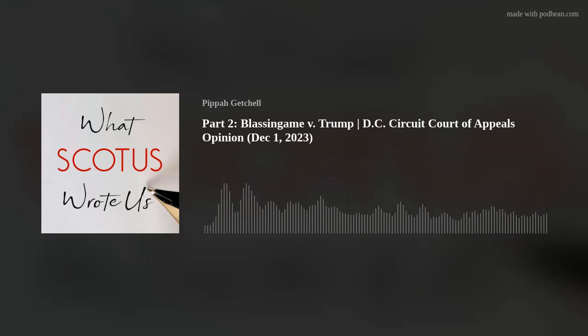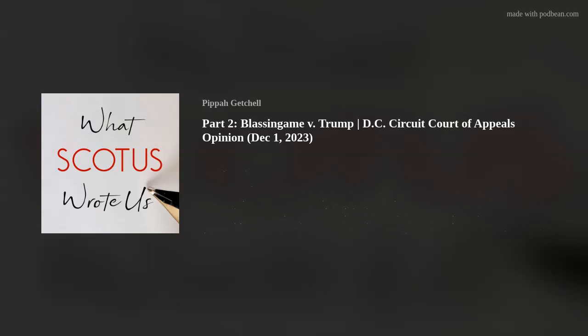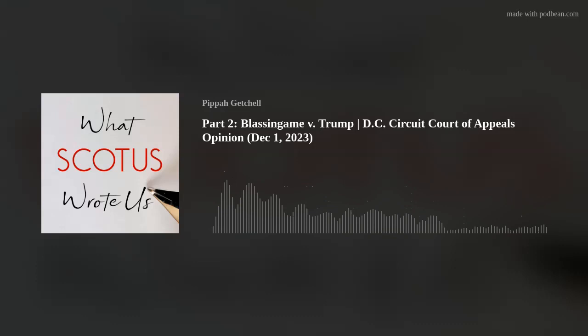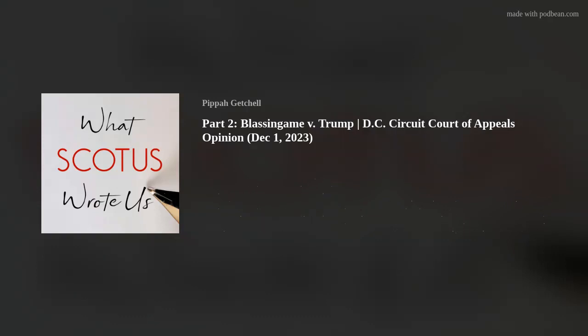Applying the outer perimeter test to President Nixon's alleged conduct, the Nixon court had little trouble holding that President Nixon was entitled to official immunity. President Nixon, the court reasoned, had the constitutional and statutory authority to prescribe the manner in which the Secretary will conduct the business of the Air Force, including by prescribing reorganizations and reductions in force.